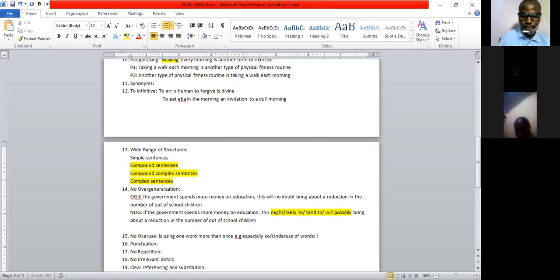Cohesive devices. Please don't use one cohesive device more than once. Do not use one cohesive device more than once.